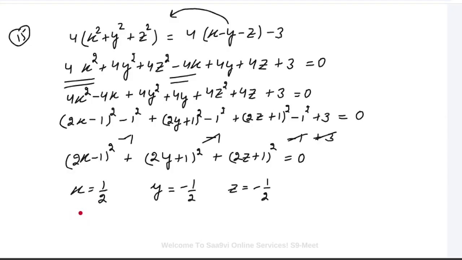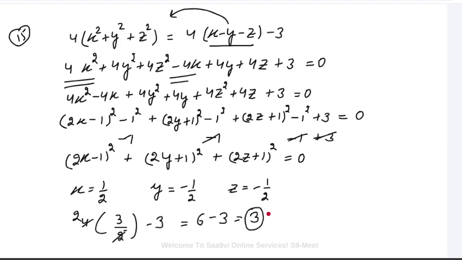So it says 4 of (x minus y minus z), that's 1 by 2, minus minus plus plus 1 by 2, minus minus plus 1 by 2, that is 3 by 2, minus 3. 2 into 2 is 4, that is equal to 2 into 3 is 6, minus 3, the answer is going to be 3.